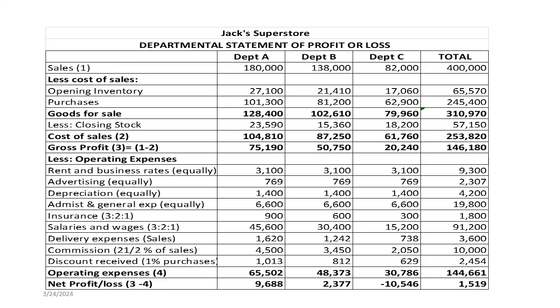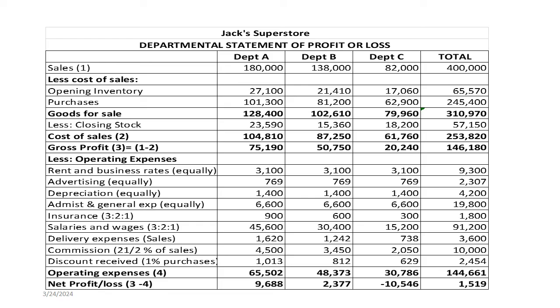So again, if you take total operating expenses, we denote it as number 4. If you add, you get 65,542 for Department A, 48,373 for Department B, 30,786 for Department C. And this gives you a total value of 144,661.